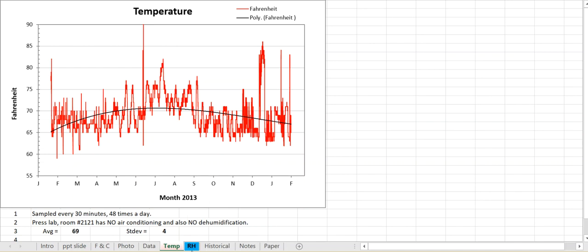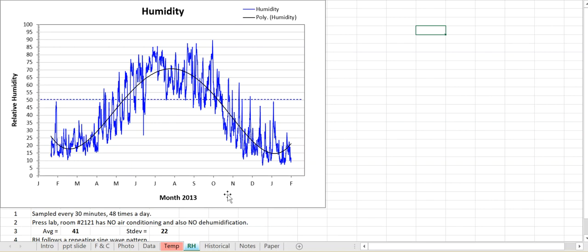Now let's take a look at the relative humidity. Again, time, month of the year, and the relative humidity. So during the cold winter months of January and February and March, we have low relative humidities, 15, 20, 25%.